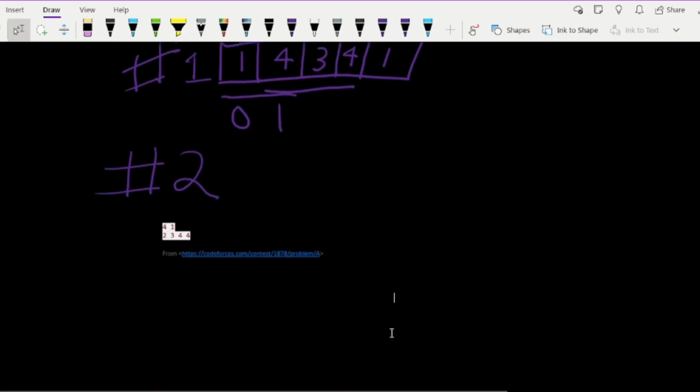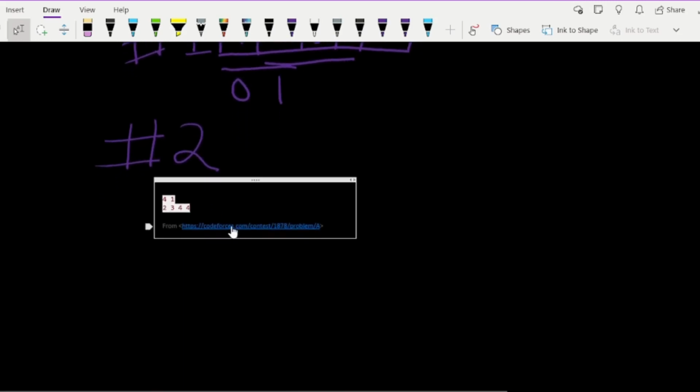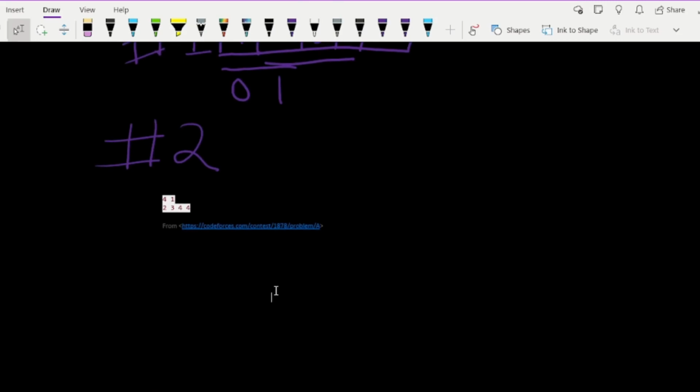Let me draw the array with a pen. The size is 4, and the array is 2, 3, 4, 4.